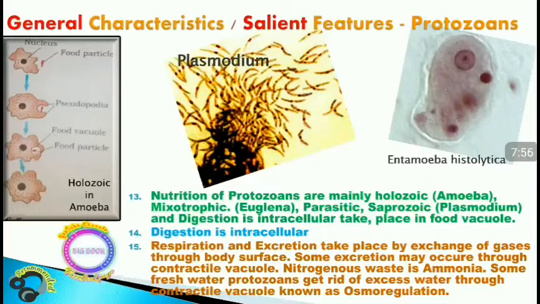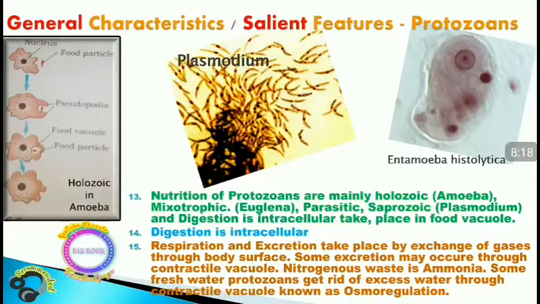That is, if you consider Euglena, at certain times, depending on the availability of food within the aquatic medium, it will feed on it, and sometimes it develops food with the help of the chloroplast which is present.